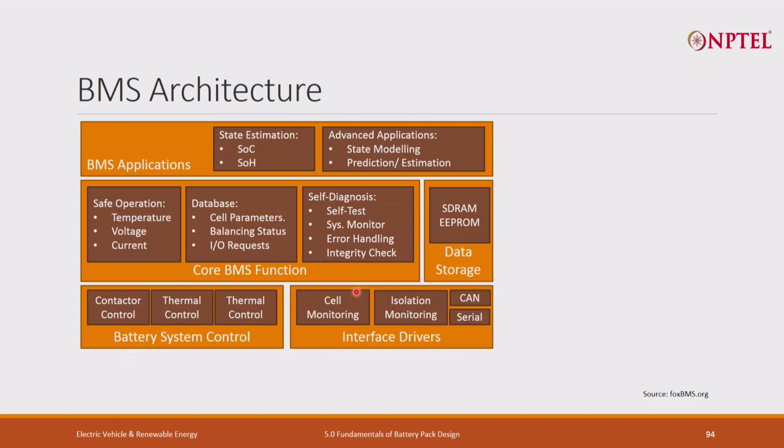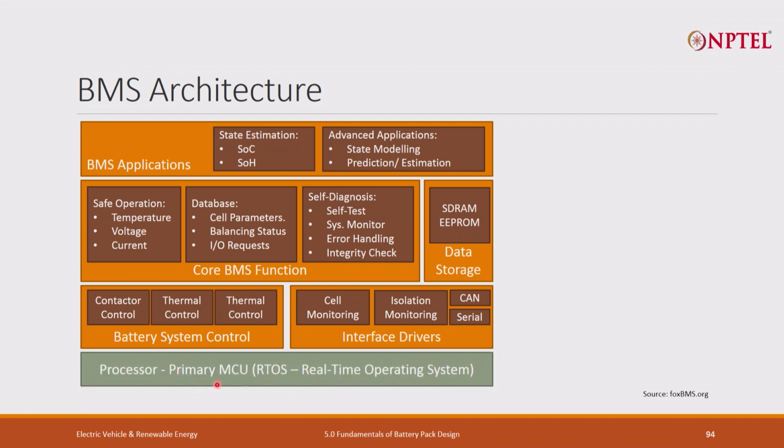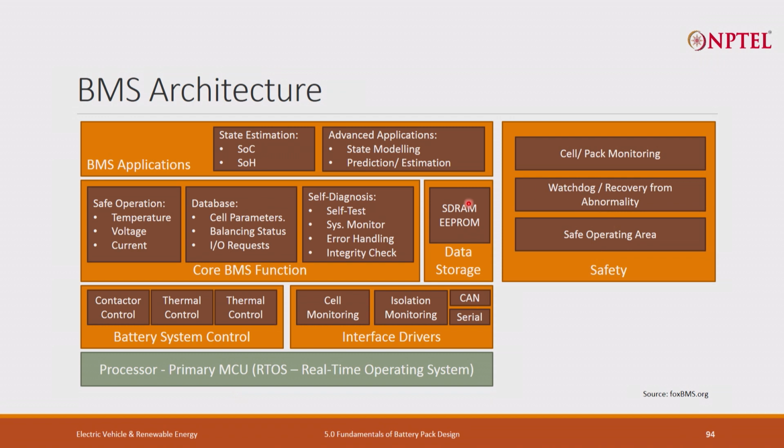Then interface devices, as I discussed in the last session: cell monitoring unit, isolation monitoring, and communication, CAN and serial, and this is done on a real time operating system using the primary MCU, the master control unit. On the slave side, or as a part of this itself, it can have cell pack monitoring, watchdog, and recovery from abnormalities.